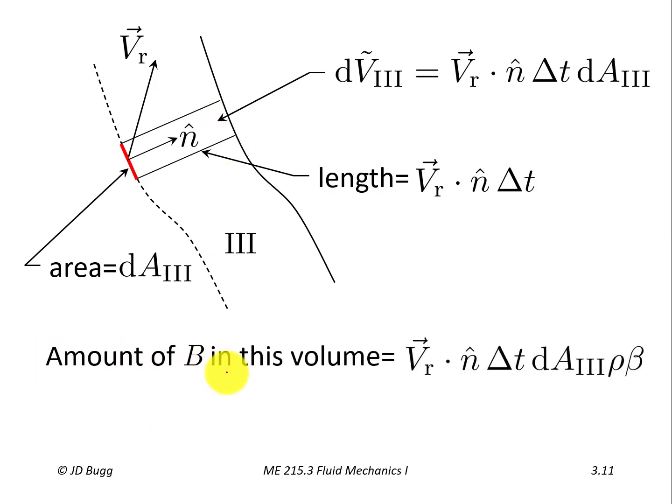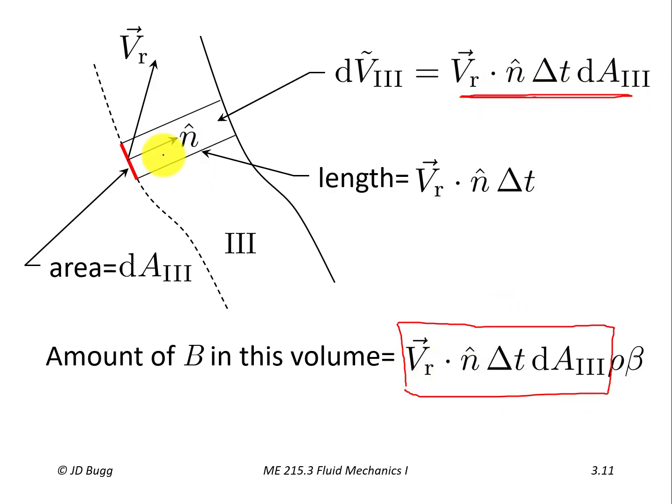So the amount of B in this volume, what's it going to be equal to? Well, this portion of this expression is the volume taken directly from there. So that part is the volume of that little segment. So we multiply it by two things. The density of the fluid, first of all, rho. So if we include that, then that now gives the mass of the fluid inside of here.